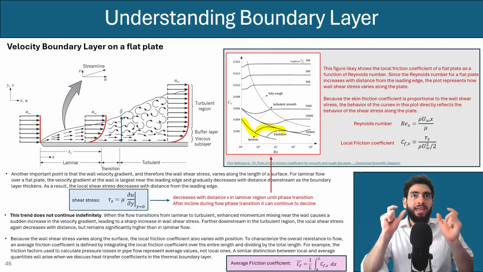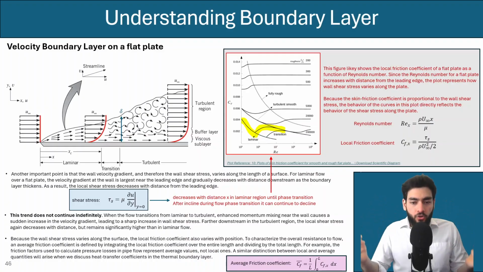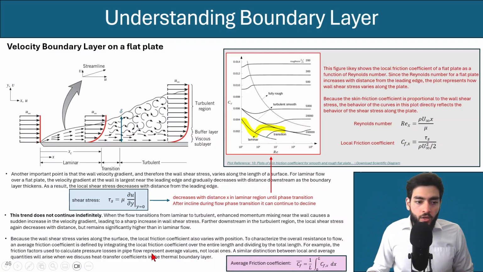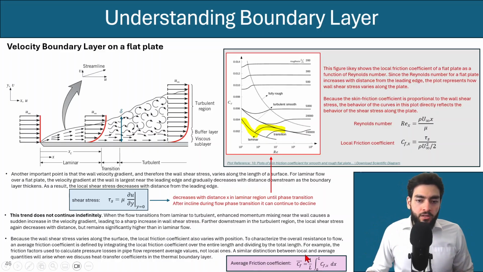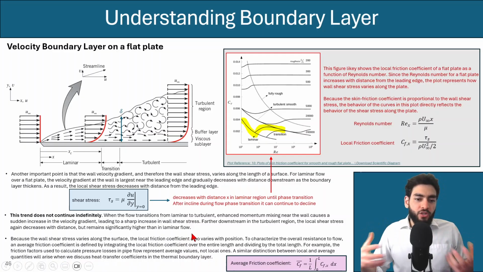That would give you an average friction coefficient. For example, the friction factors used to calculate the pressure losses in pipe flow represent actually average values. They're not local values. And a similar distinction between local and average quantities will arise when we discuss heat transfer coefficients in thermal boundary layers as well.